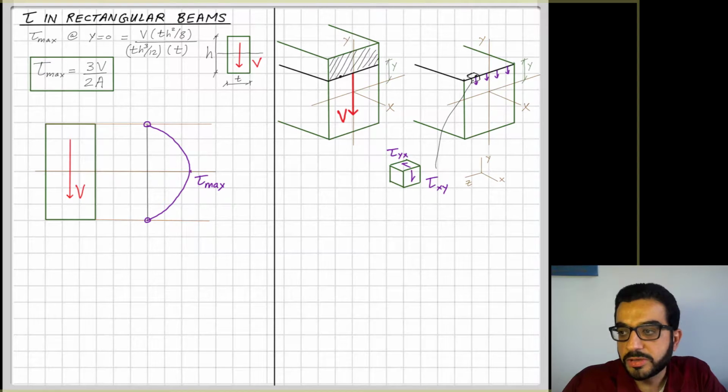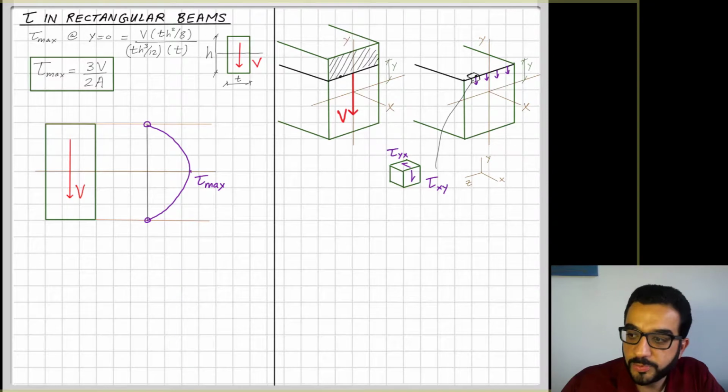So the first one I showed, tau in the surface we're facing, is equal to tau xy. So it's tau in the surface perpendicular to the x coordinate, and it is in the y direction. Now we learned before that this tau xy cannot exist by itself, so there are other stresses developing, tau xy in the opposite face and tau yx in the perpendicular faces.